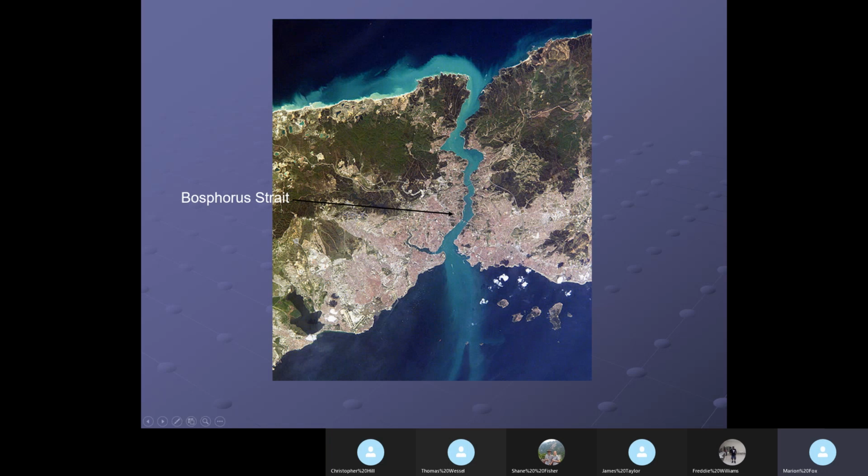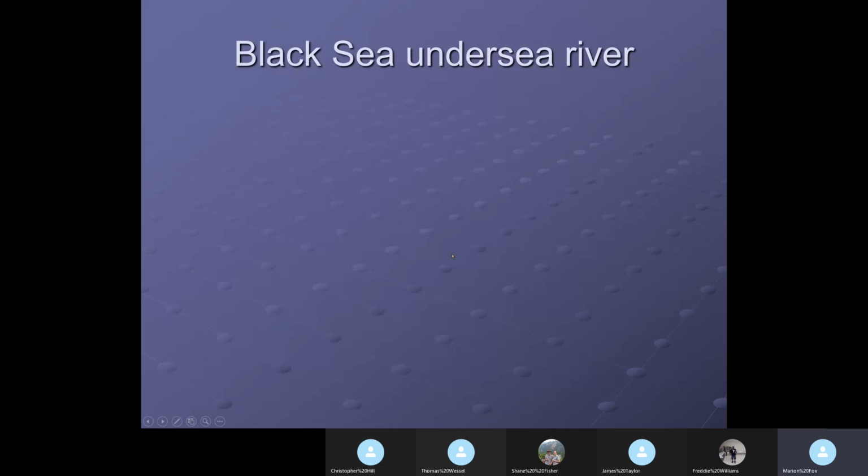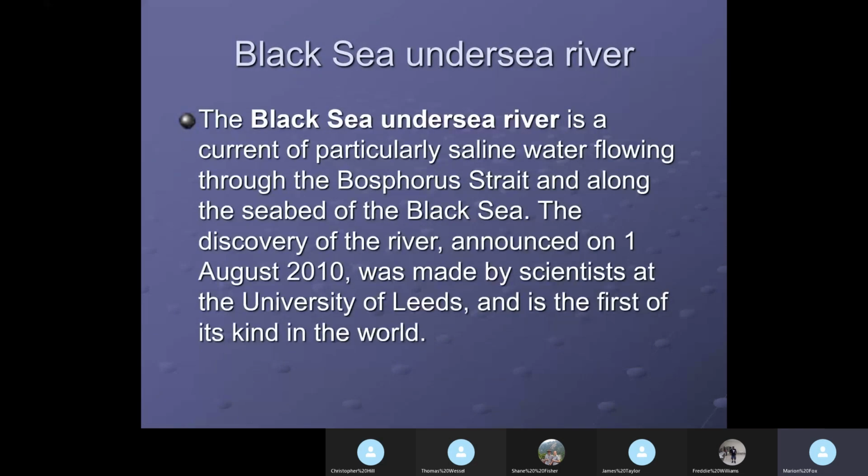So the Bosphorus Strait is very interesting here. Coming through here, we have the Bosphorus Strait and the Black Sea undersea river. They discovered it in August 2010, about 11 years ago. It's a current of particularly saline water. It's very salty, flowing through the Bosphorus Strait and along the seabed of the Black Sea.